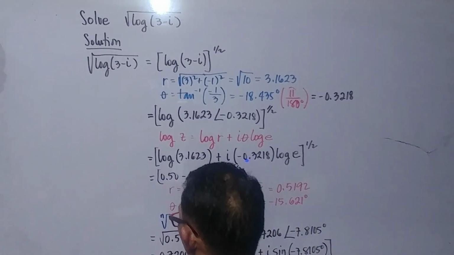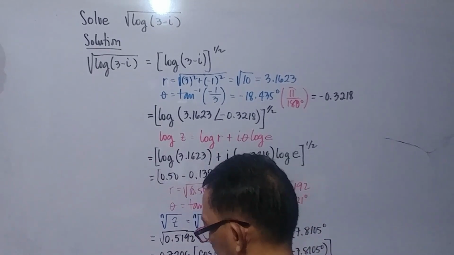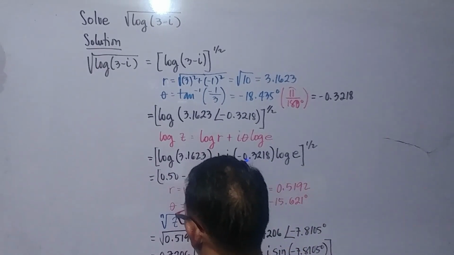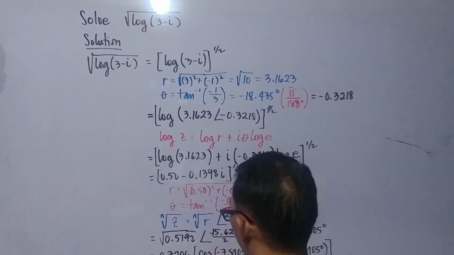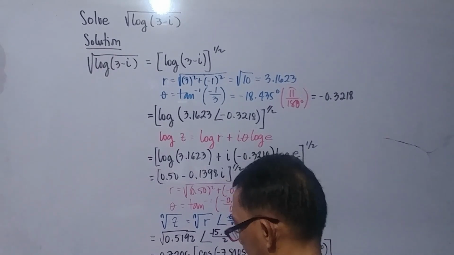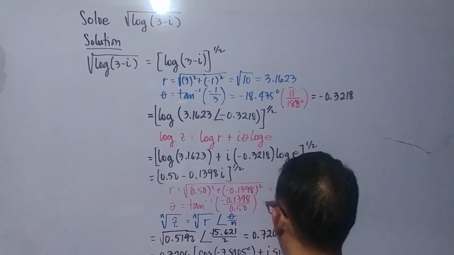So once you compute it in your calculator, you have now 0.7139 minus 0.098 i, and that is your final answer.